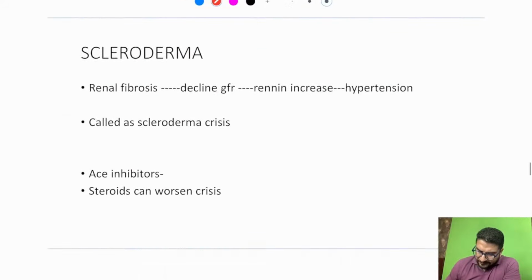Okay, now coming to scleroderma. Now just try to understand. In scleroderma we will have different manifestations. कई सारी manifestation होंगे. So we have a localized form or I can say superficial form which we call CREST syndrome.